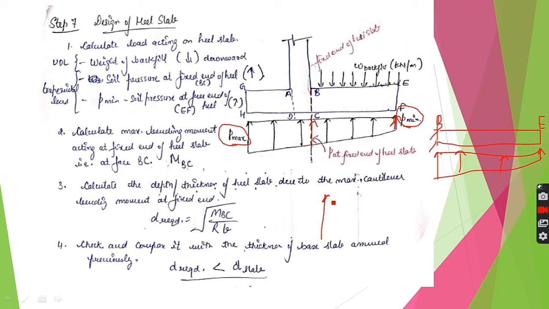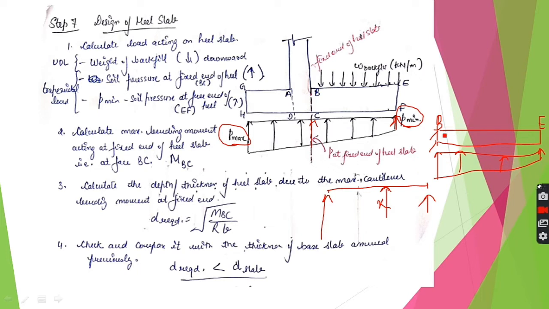From the basic law of interpolation. If you have this known value, and this known value, and the known distance between them, and you have to find a value x at any known location in between these two, it can be calculated easily with the help of interpolation. So we will calculate the pressure at the fixed end of the heel slab.